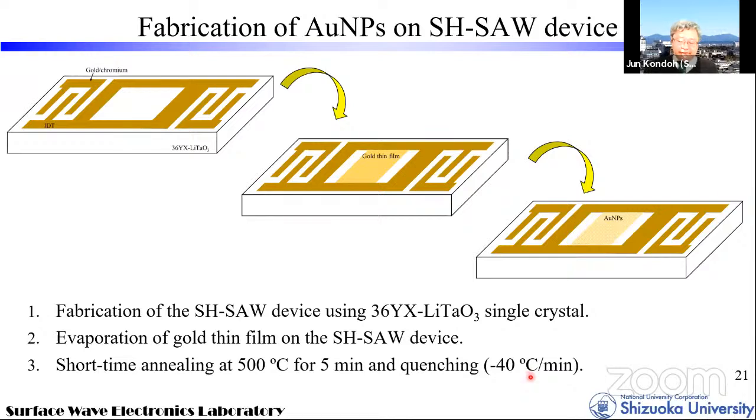Celsius per minute. The short-time annealing and quenching is better for the SAW device because we have narrow electrode fingers here. If the annealing time is long, this electrode is damaged. Therefore, short-time annealing and quenching is better for the SAW device and the integration of the gold nanoparticles on the SH-SAW device.